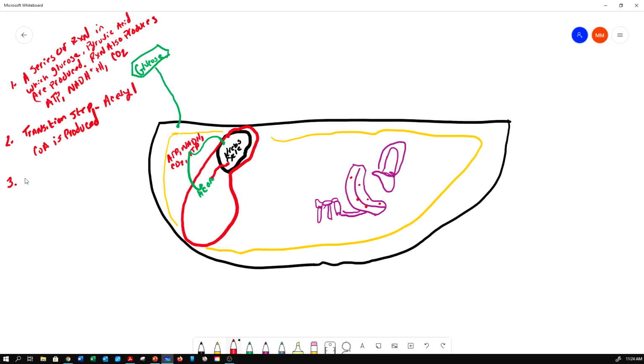So our acetyl CoA is going to be actually oxidized. It's going to go through a bunch of chemical steps. We're not going to cover that, but it's going to change through a reaction, and we're going to get carbon dioxide, some more ATP.